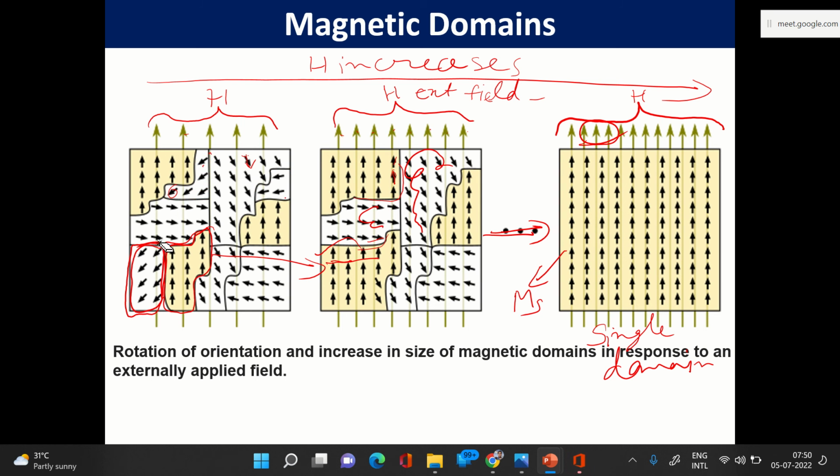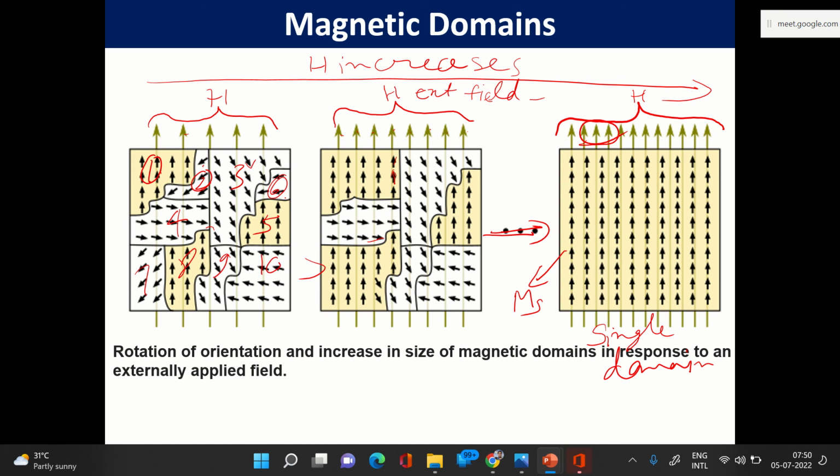So initially we started with multiple domains, 1, 2, 3, 4, 5, 6, 7, 8, 9, 10.